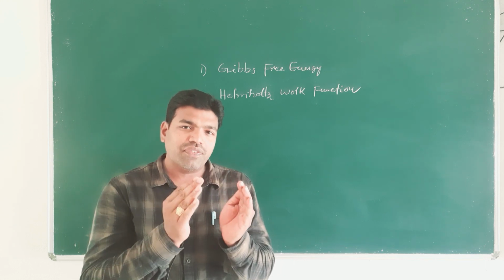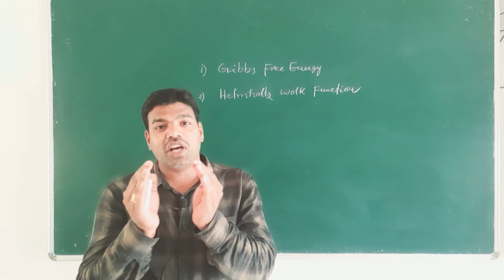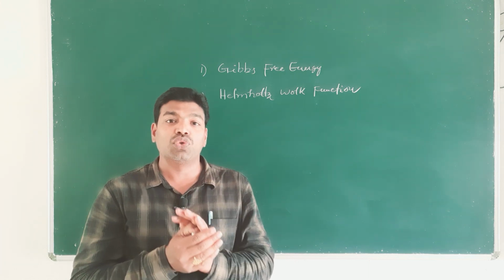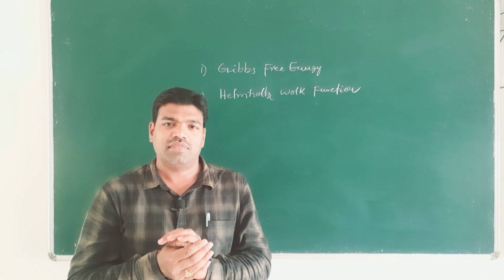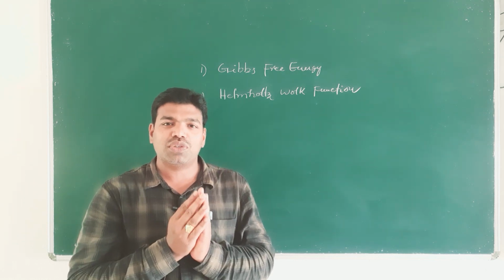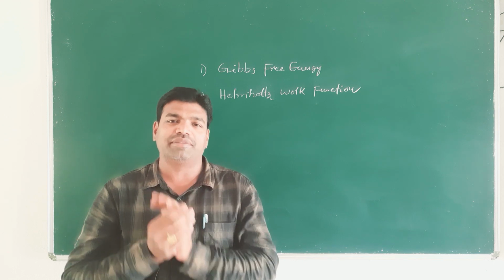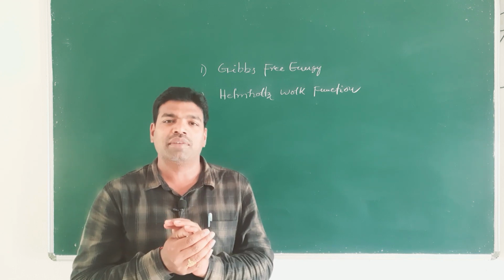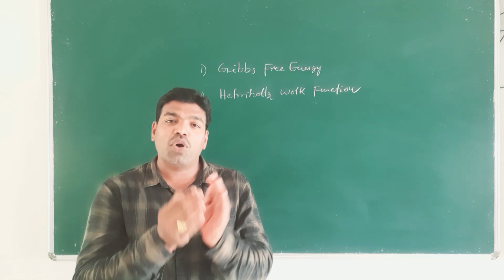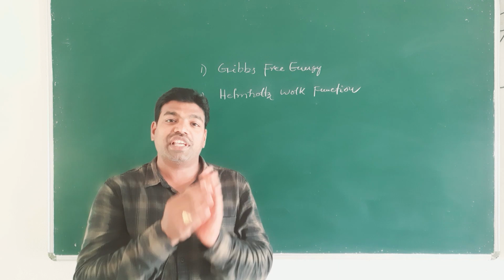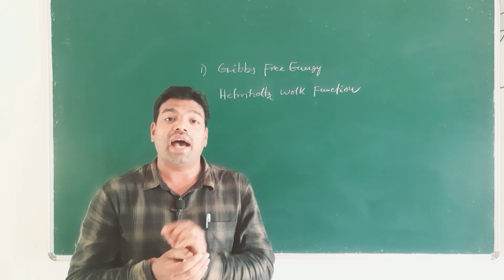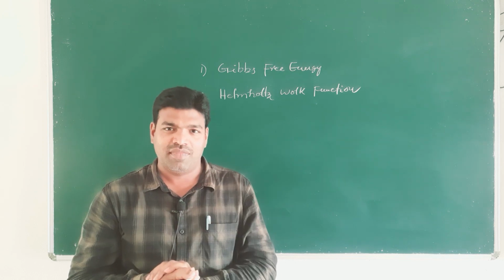The portion of energy which can be converted into work is called useful energy. The portion of energy which is useful to do some work is called available energy, and the portion of energy which cannot be converted into useful work is called unavailable energy.